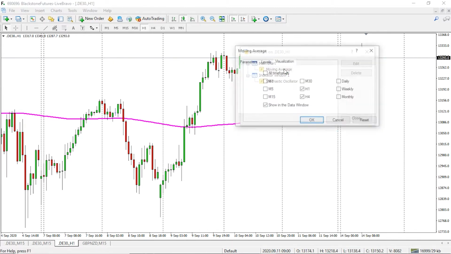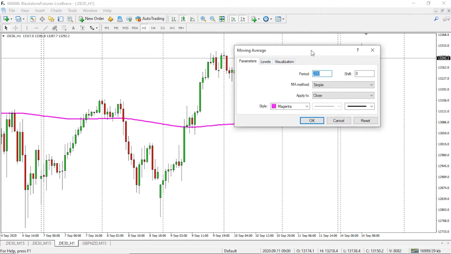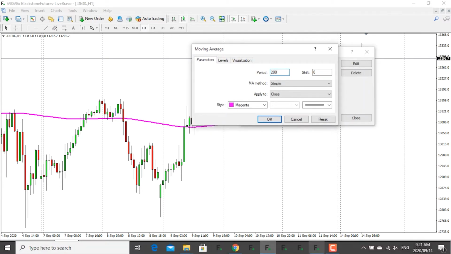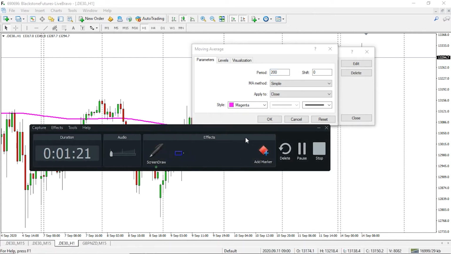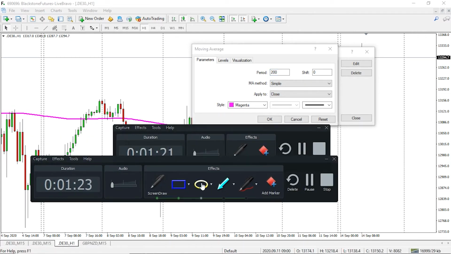What you'll see here, and let's just illustrate it to you quickly, is something that a lot of you have read about over the last couple of years, and that being a 200 moving average. A long-term moving average, and what you'll see is that a lot of these are going to be somewhat smooth.